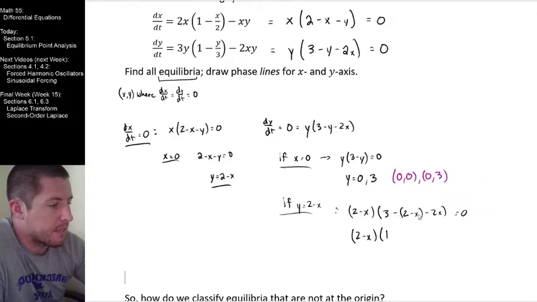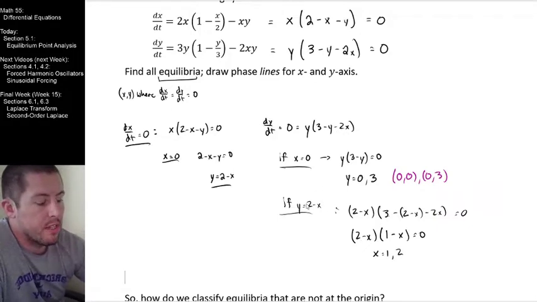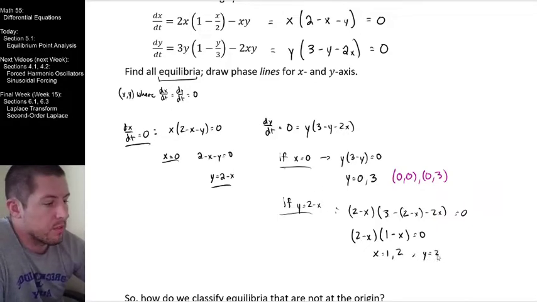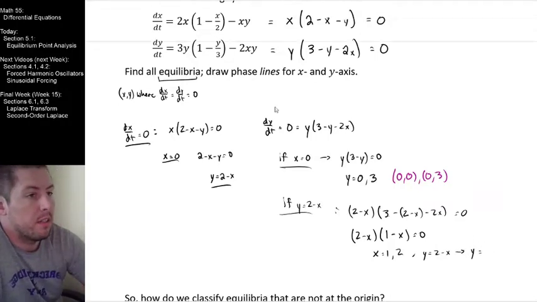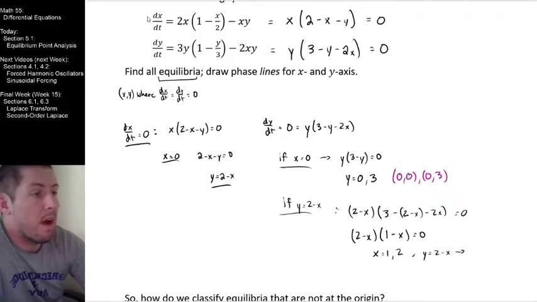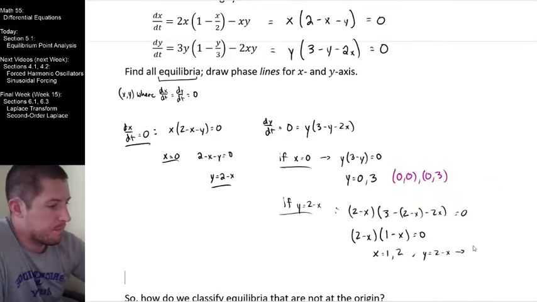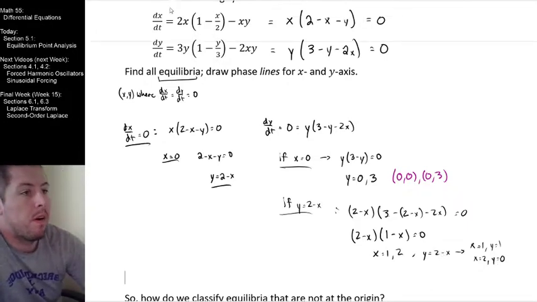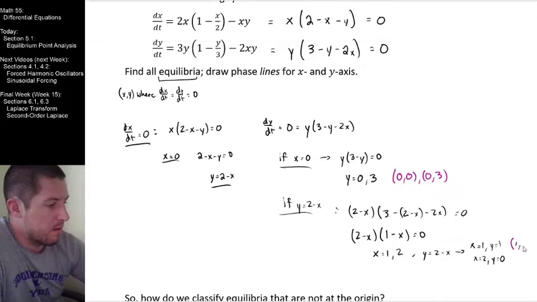That's a positive x and a negative 2x. So we're getting minus x equals 0. So it seems like we should be getting x equals 1 or 2. And you should notice in this equation that with y equals 2 minus x, x being 1 makes y equal to 1. Or if x is 2, then we're going to get y equals 0. So it looks like I've found some more here.